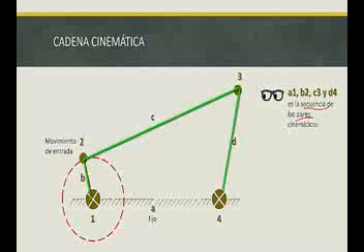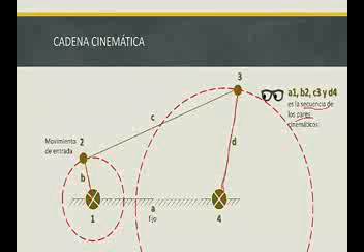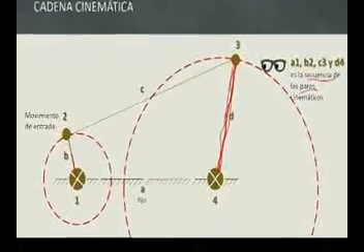The distance of B is a radius since it moves around the one that is fixed. If we analyze the kinematic chain, we understand the relationship that exists between one movement and another.